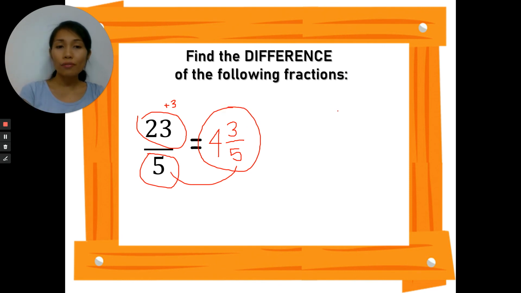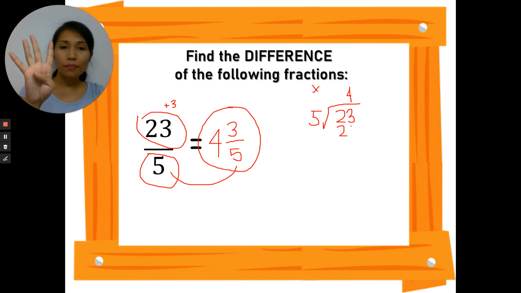Now let's try to divide to see if we get the same answer. Okay, for those who cannot divide mentally, you can do this. 23 divided by 5. 5, 10, 15, 20, 25. Cannot, so just 4. There are only 4. 4 times 5 is 20. 23 minus 20 is 3.